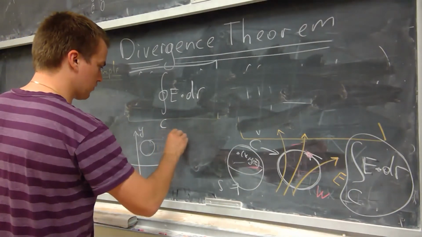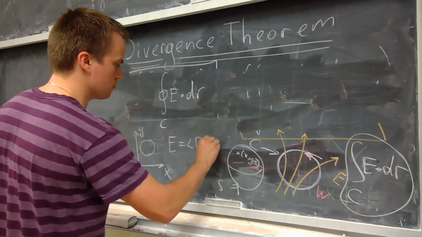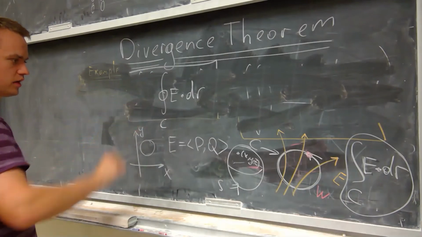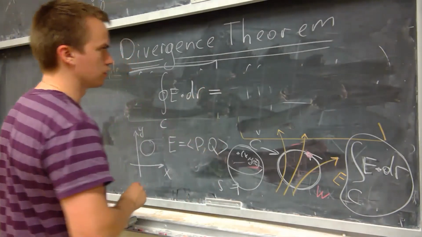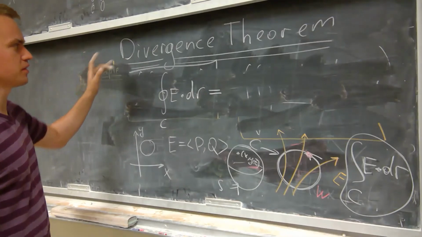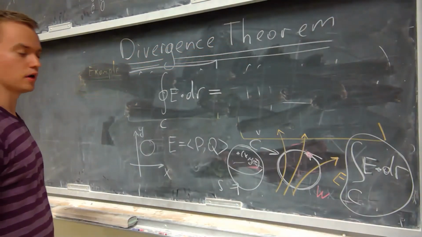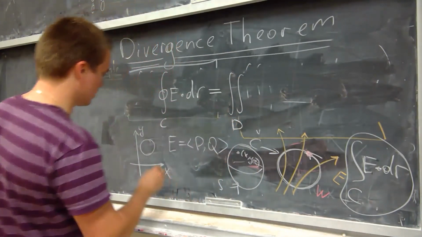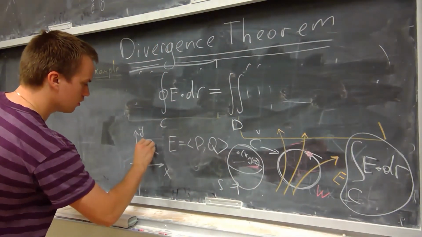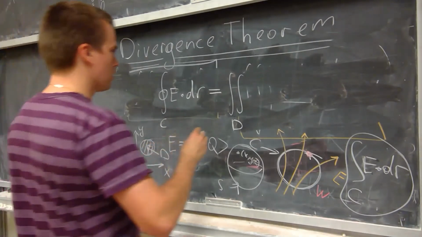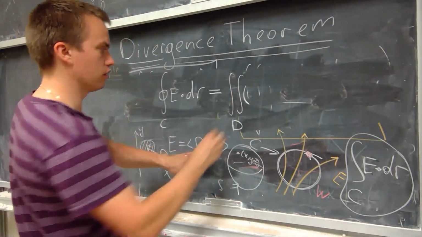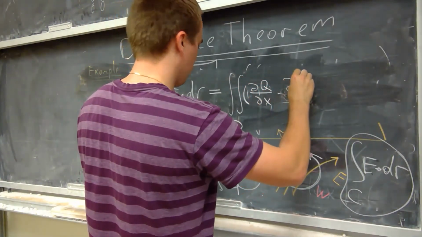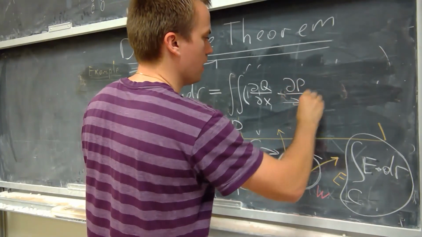So my vector field E consists of two components, P and Q. Then this line integral over C of E dot dr is going to be equal to, by the two-dimensional version of the divergence theorem called Green's theorem, the double integral over D, where D is the area enclosed by this circle, of the partial of Q with respect to x minus the partial of P with respect to y, dA.